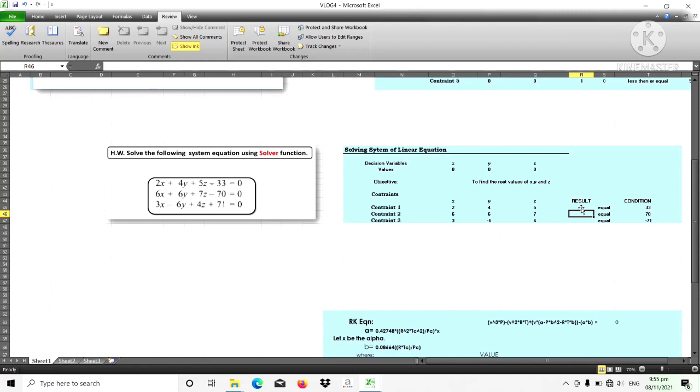So the result is equal to 2 times the value of x, which is 0, then plus 4 times the value of y, which is 0, then plus 5 times the value of z, which is 0, minus 33.